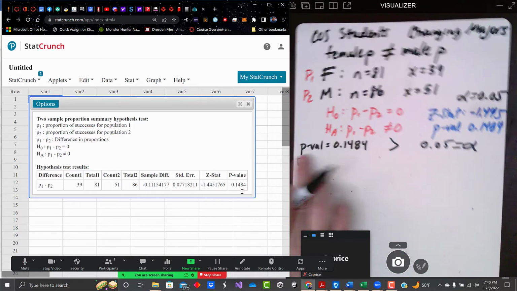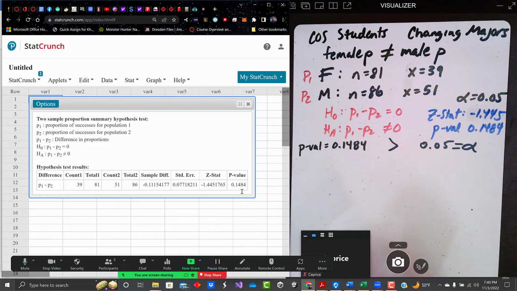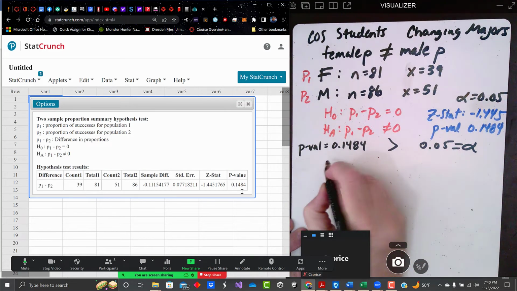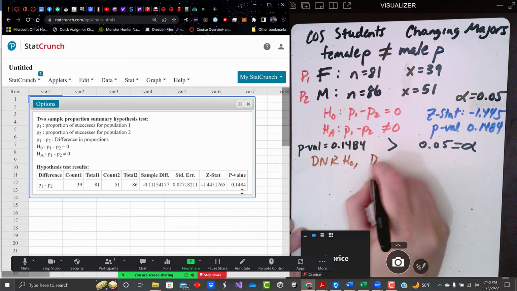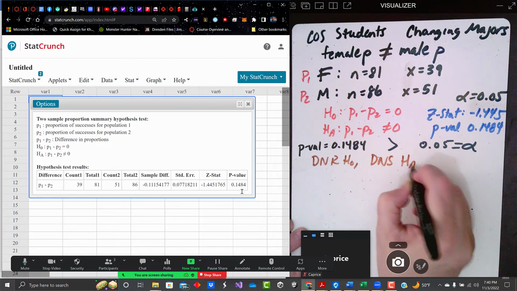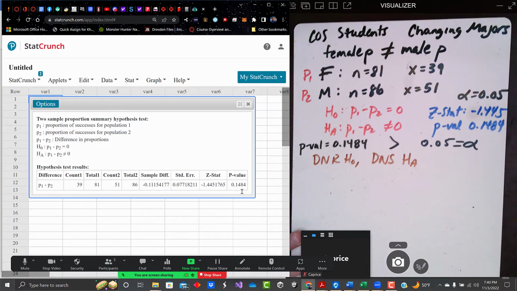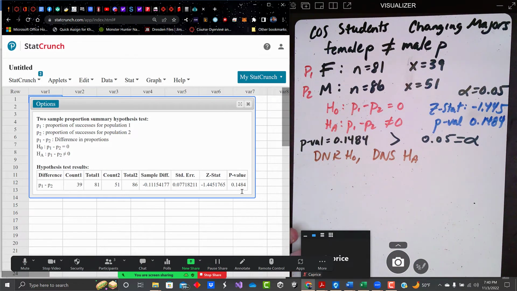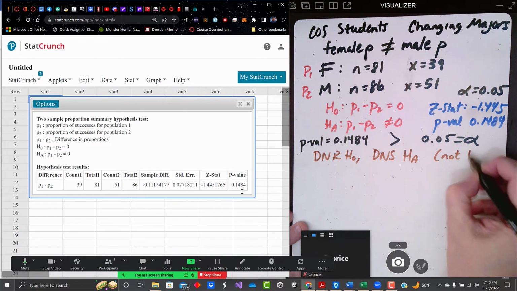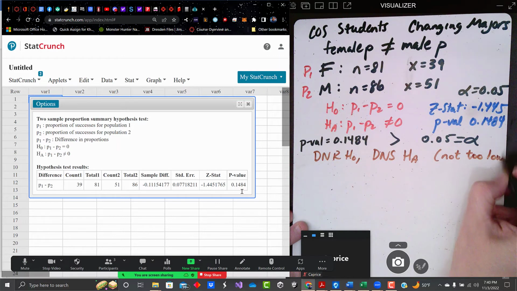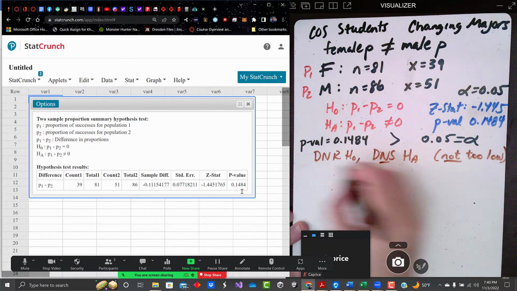Before I jump to the sentence: if the p-value's too low, reject the H0. If the p-value's not too low, do not reject the H0. Do not support HA. DNR, do not reject, do not support. That goes with not too low. So not, and not.